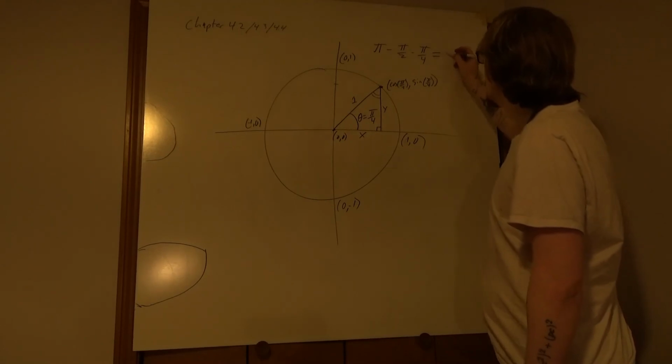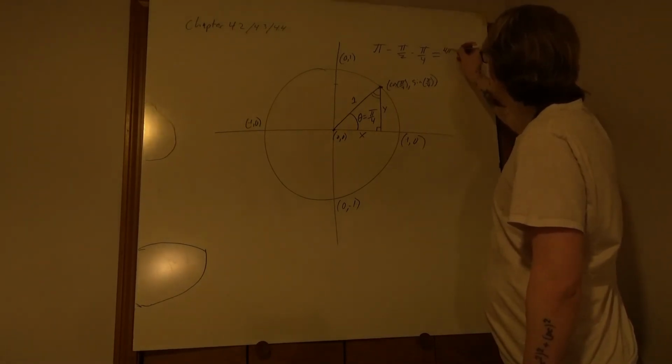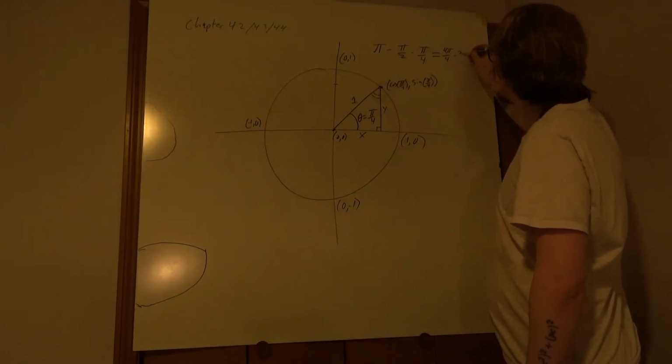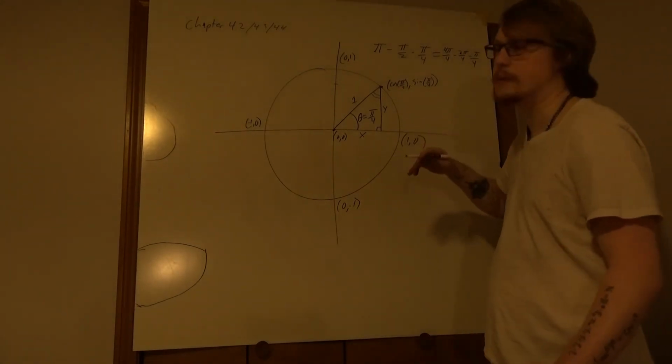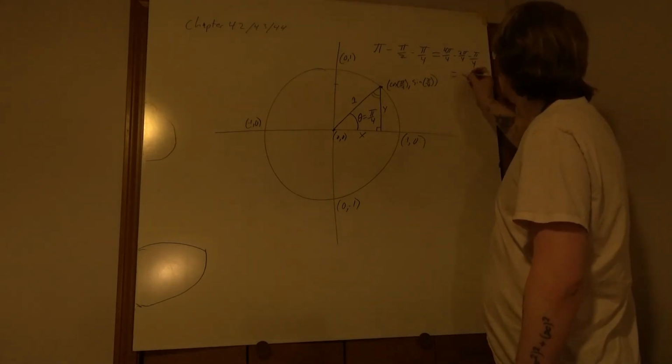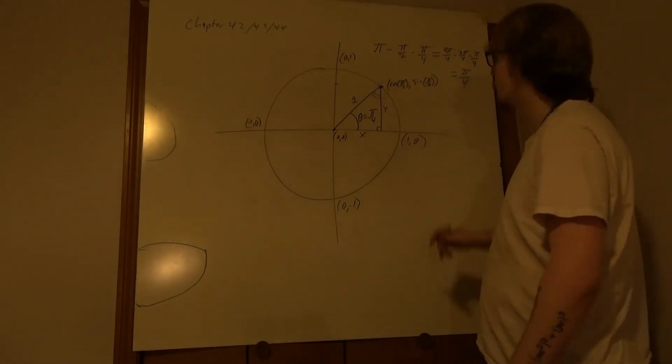And if we do this, we get 4 pi over 4 minus 2 pi over 4 minus pi over 4, just to get everything into the same denominator, and this is going to be pi over 4.